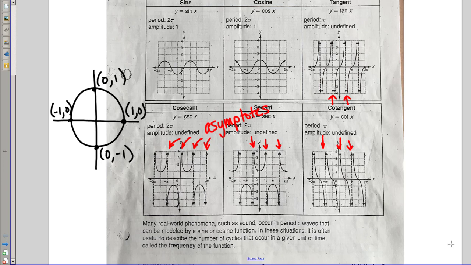So the only kind of important thing to mention about cosecant, secant, and cotangent is that they have asymptotes. Also, like tangent, they have undefined amplitude, because remember, amplitude represents the distance from the midline to the maximum of the graph, or the distance from the midline to the minimum.